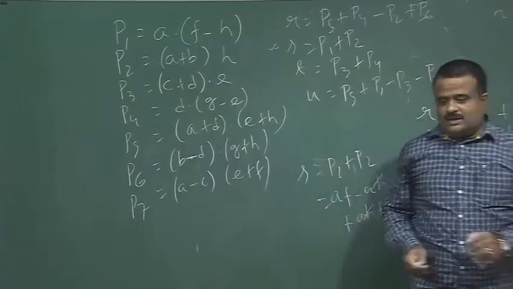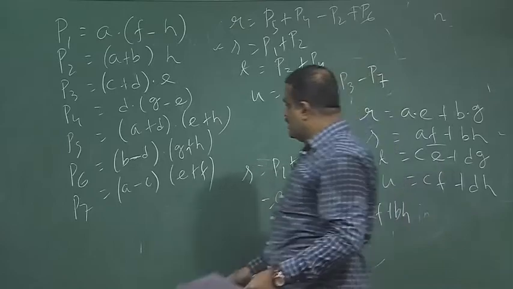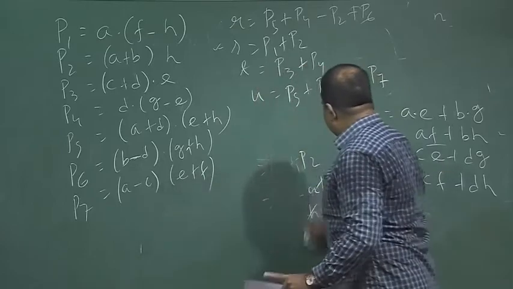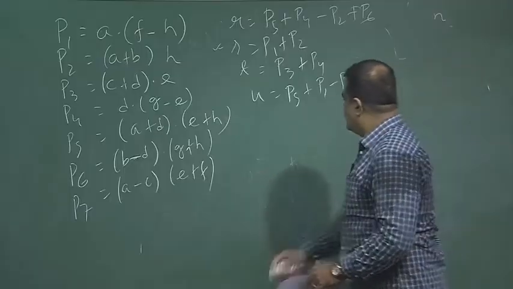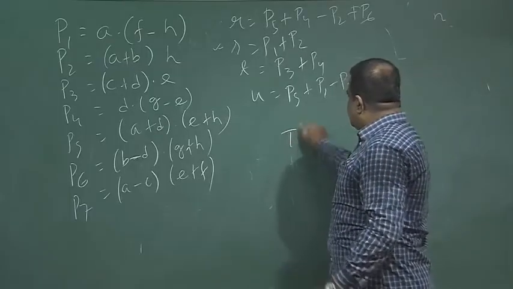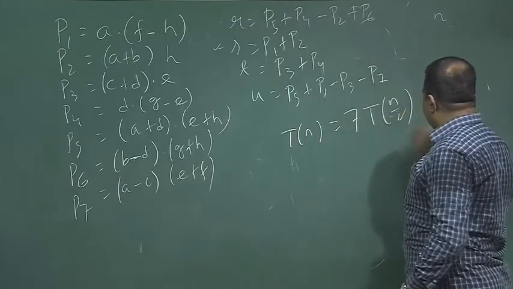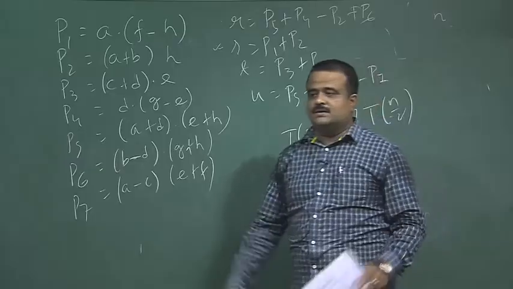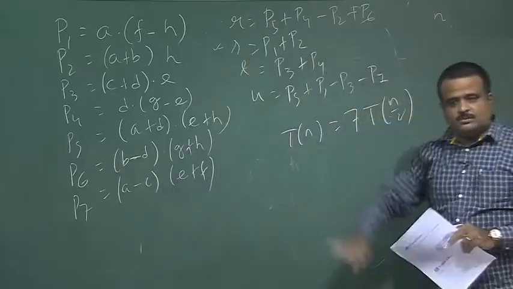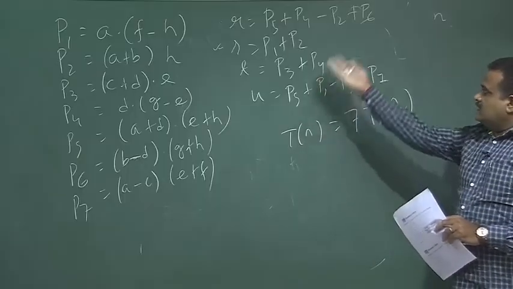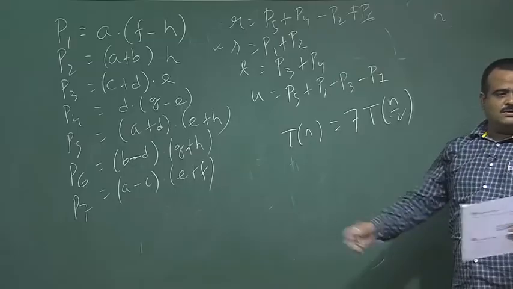So, what is the time complexity? The recurrence we got here is T of n equals 7 T of n by 2 plus theta of n square. We reduce the problem into 7 sub problems, recursively solve them, and then have the combine step to get the solution of the whole problem.